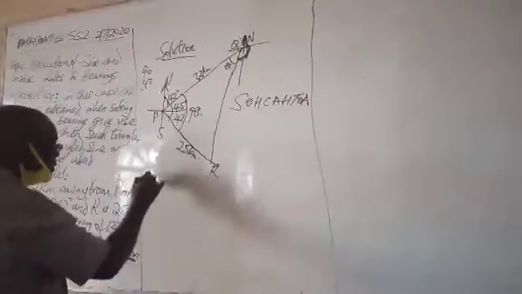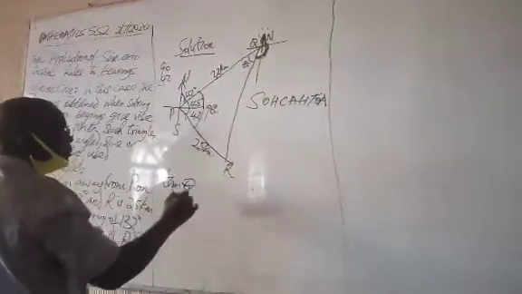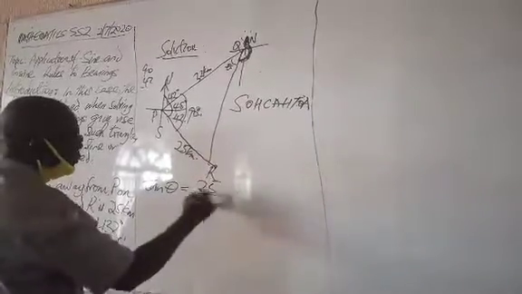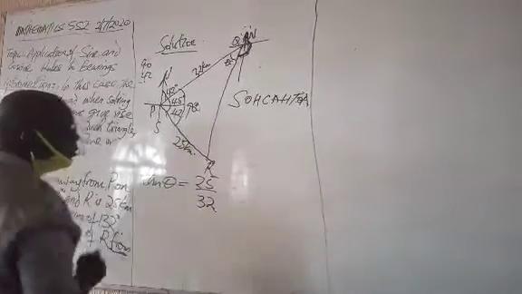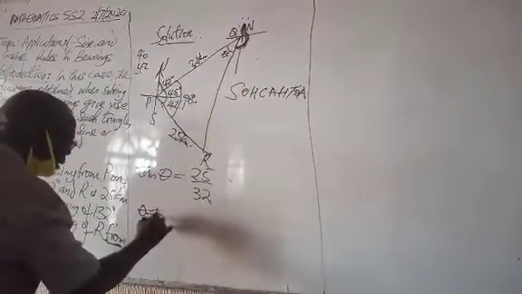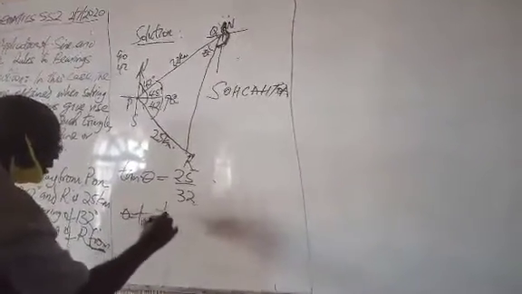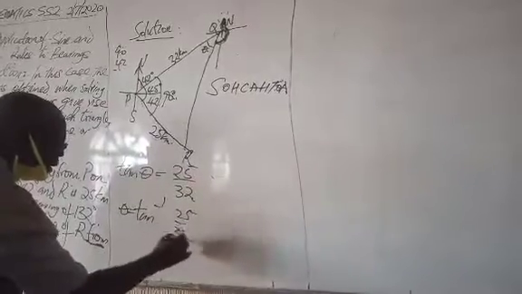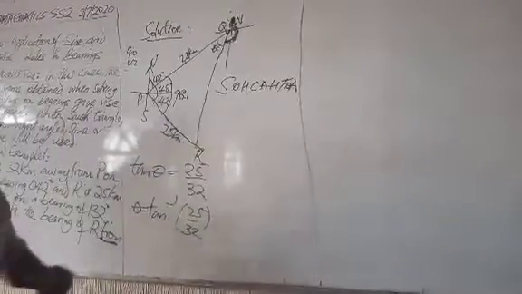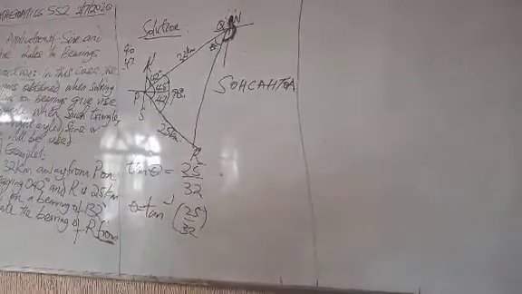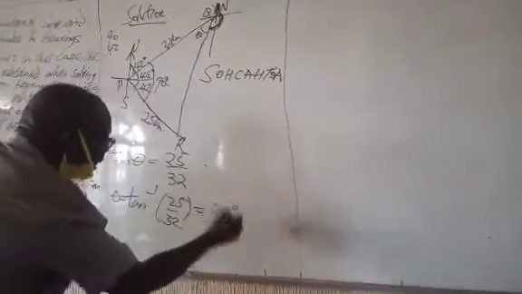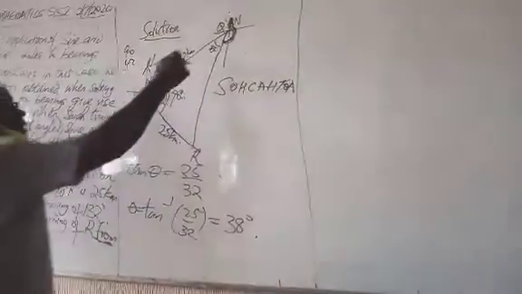So tan theta is 25 over 32. So theta is tan inverse of 25 over 32. When you divide and go to the tangent of angles, you will find that it gives 38 degrees. So our theta is 38 degrees.